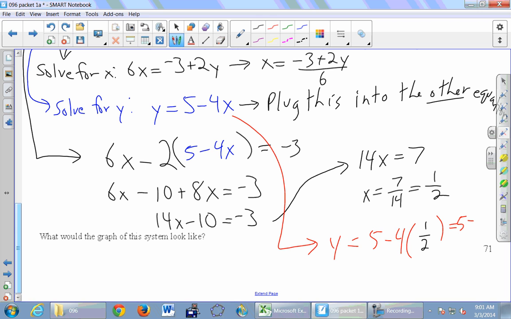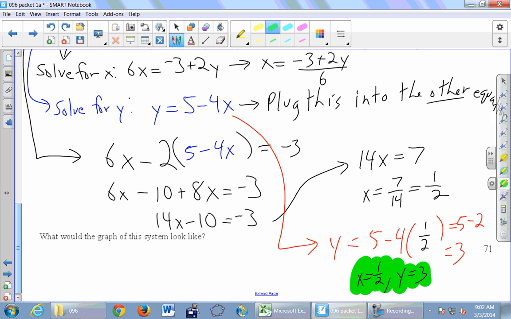So half of 4 is 2. 5 minus 2 is 3. So x equals 1/2, y equals 3. Questions on that?